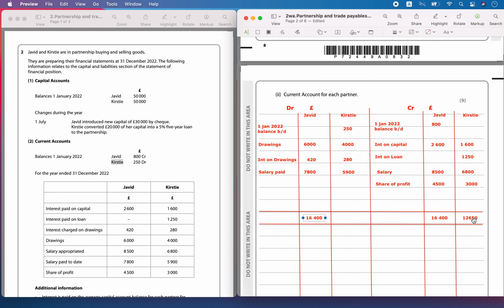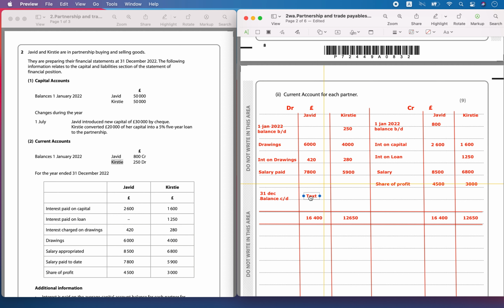Now the total has to be the same on both sides. So the balance carried forward as on 31st December 2022 will be 16,400 minus 6,000 minus 420 minus 7,800, so that value is 2,180.